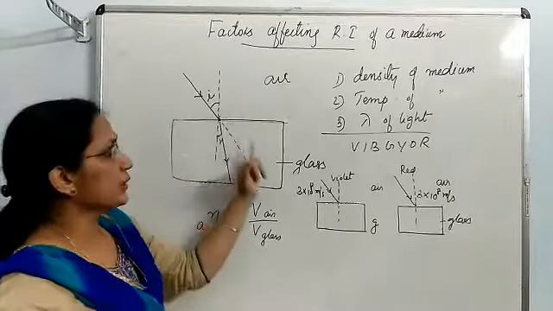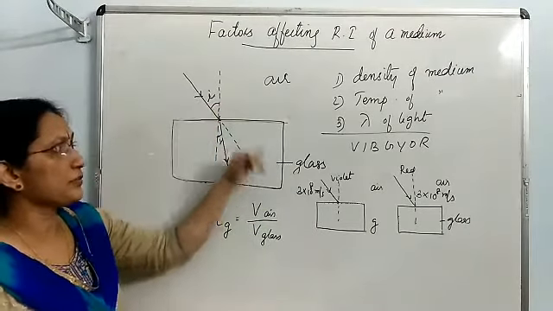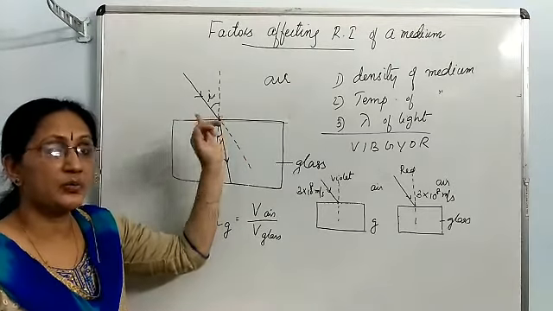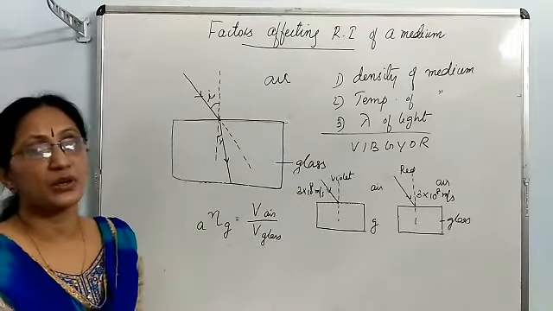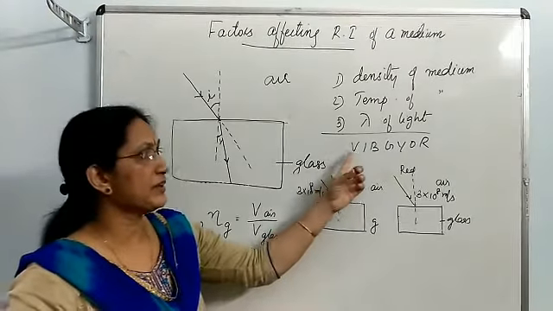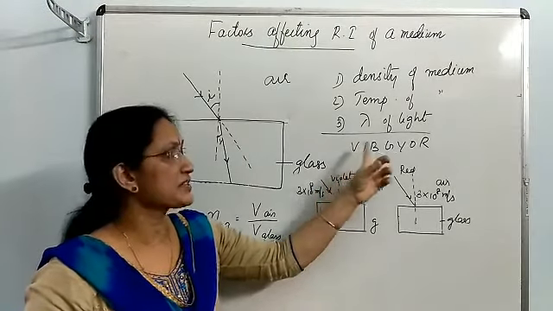If you are finding out the refractive index of any medium with respect to another by using violet light, you will get high refractive index, but red light gives low refractive index. Means less the wavelength, high will be the refractive index. Inverse relation.